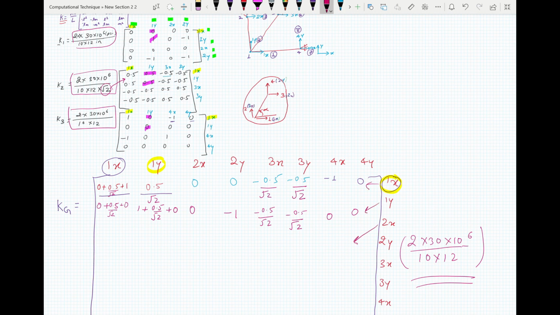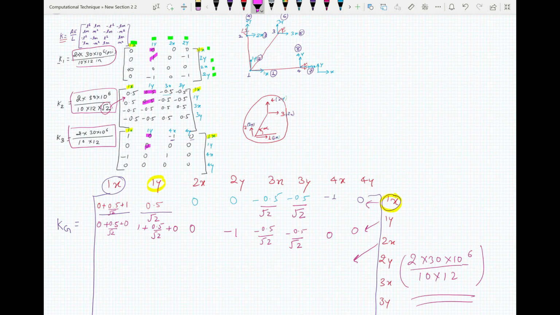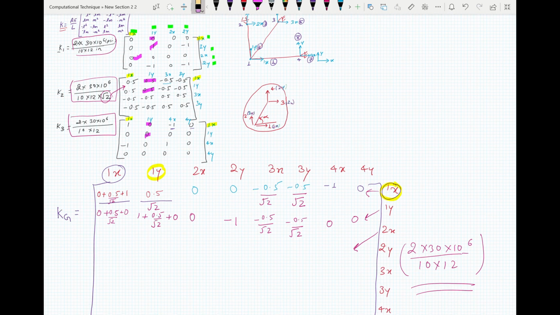Now for the third one, we have to look into 1x and 2x. So it will be this row here. We have 0.5 by √2 as 0.354. So write 0.354 here. Now for the third row, which will be 1x and 2x.